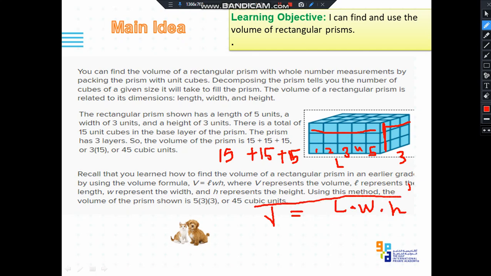So we have the formula for the volume: V equals L times W times H.